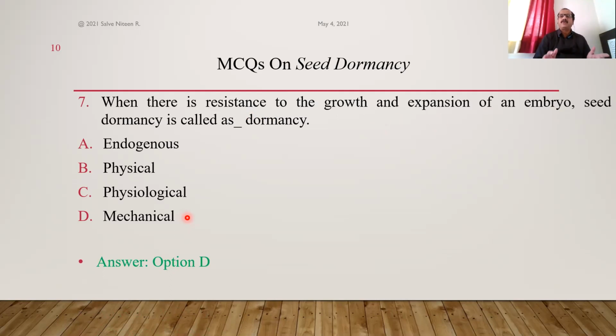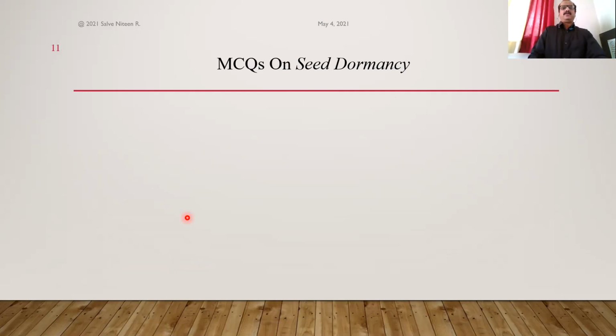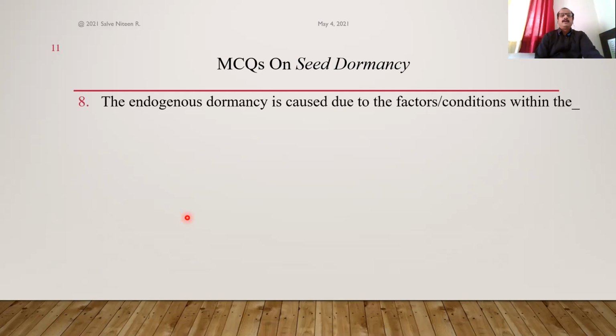So up till now we studied physical dormancy, chemical dormancy, and mechanical dormancy. All these three types are exogenous dormancy, that is the factors which are present outside the embryo of the seed. And if the seed dormancy is due to the factors which are present inside the embryo of the seed, it is called endogenous dormancy. So here answer is D, mechanical dormancy. Okay, so the same question, endogenous dormancy is caused due to the factors or conditions within the embryo.